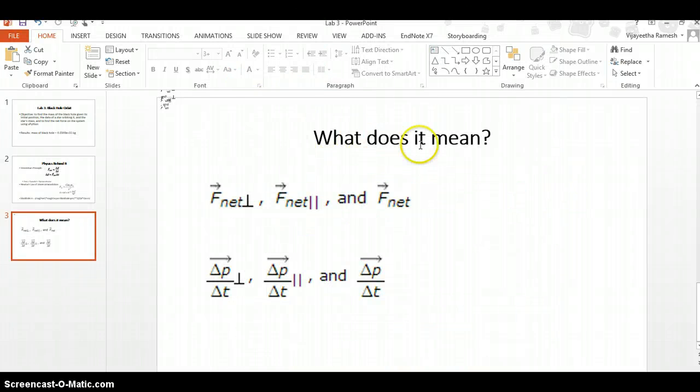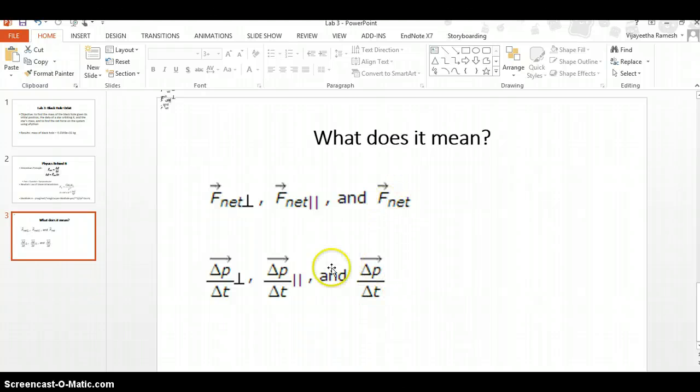So what does it mean? The perpendicular net force and the change in momentum, the parallel net force and the change in momentum, and then the overall net force and the change in momentum are different in how they are arrived at.